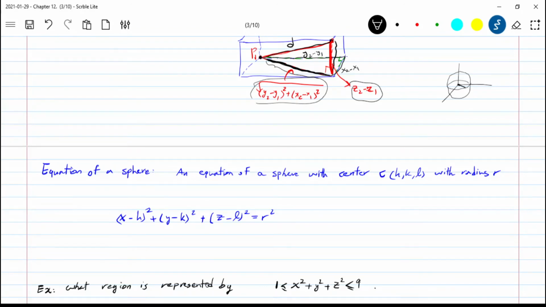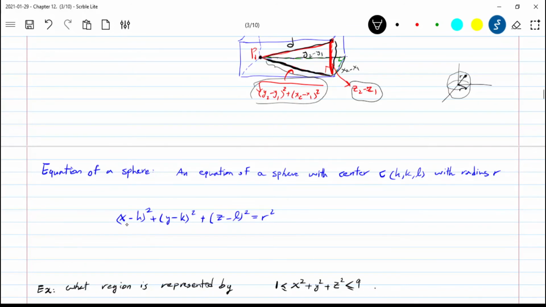The distance between the origin and any point is always a fixed value. And what is that fixed value? It's the radius. So the equation of a sphere would be that any point you pick minus the origin has a distance of r. The difference between this point and the origin would always be a fixed value of r.